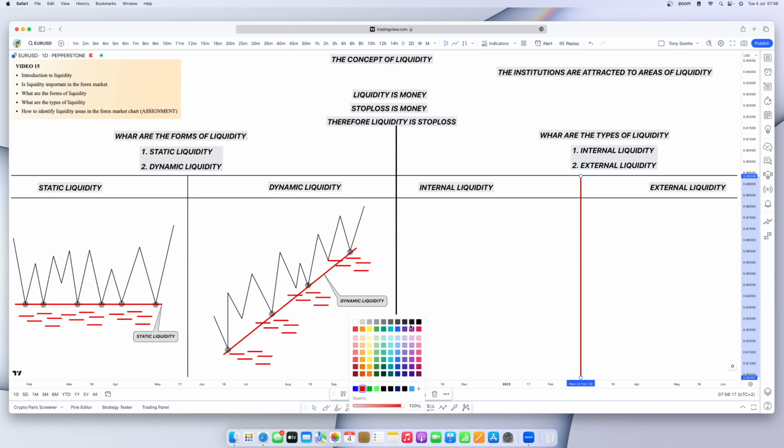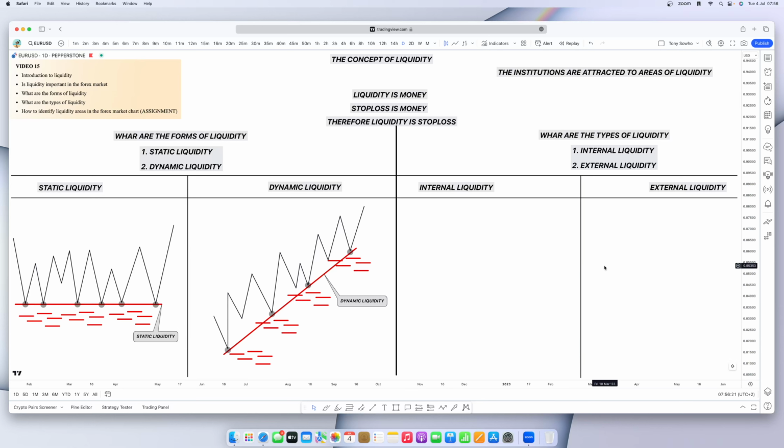Let's change this to black and change it to 2. So internal liquidity and external liquidity. So now what do we mean by internal? That is self-explanatory, right? Inside. What do we mean by external? Outside, right? So these are the two types of liquidity: internal liquidity, external liquidity.